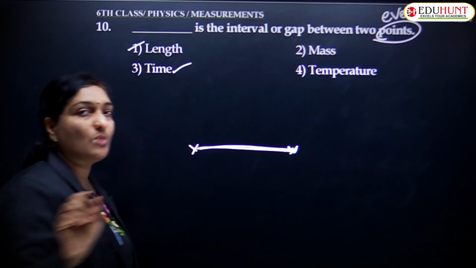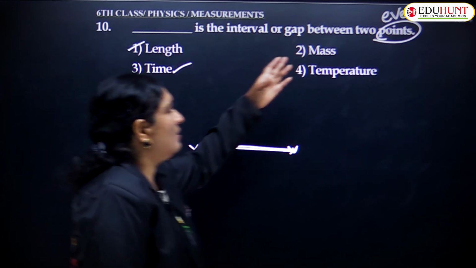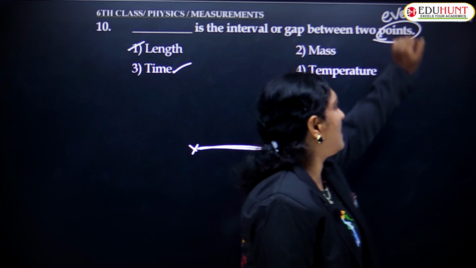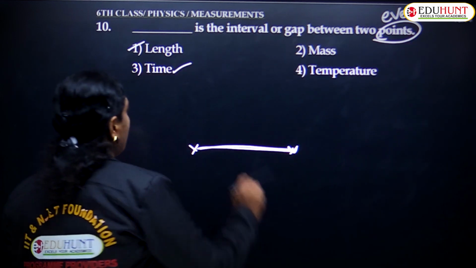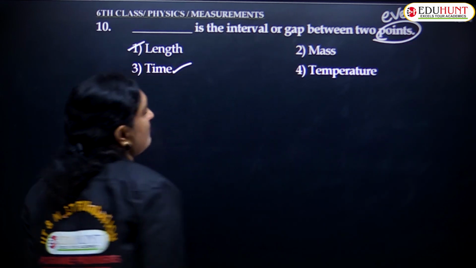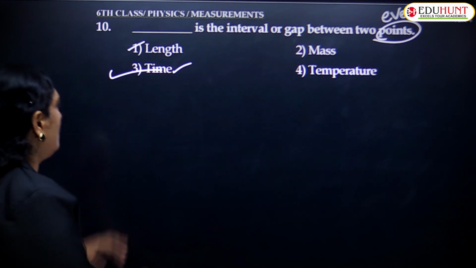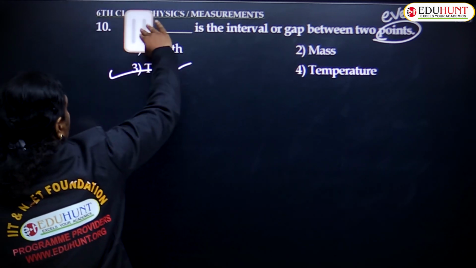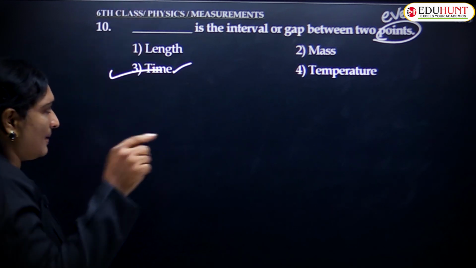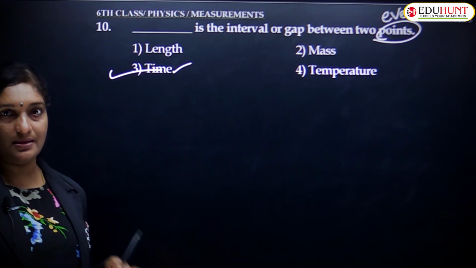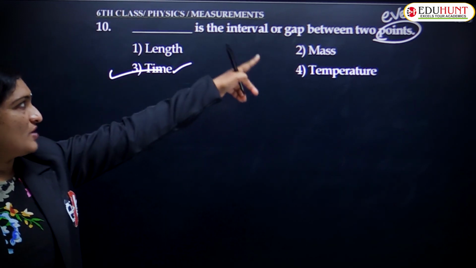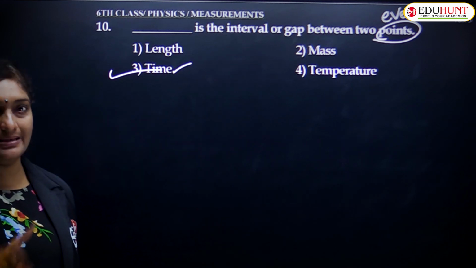So there must be some small correction. Instead of points, correct it to events. So dash is the interval or gap between 2 events, then your answer would be time. The distance between 2 points means length, but as we are talking about time in this chapter, let us change points to events.